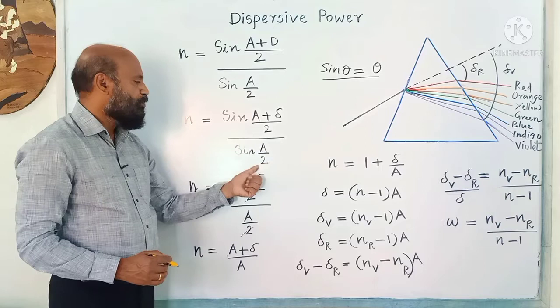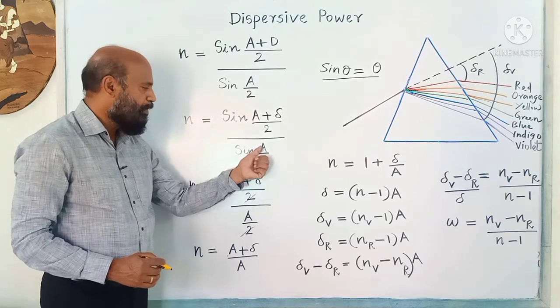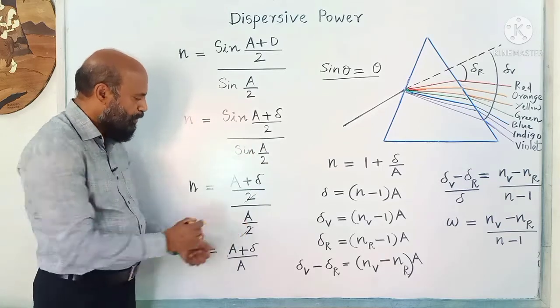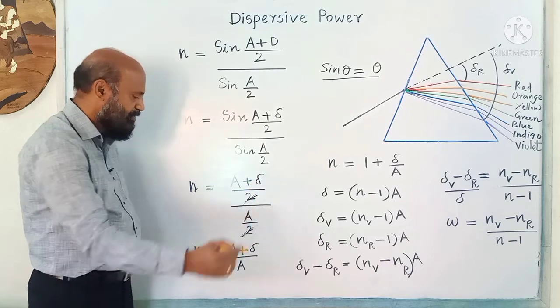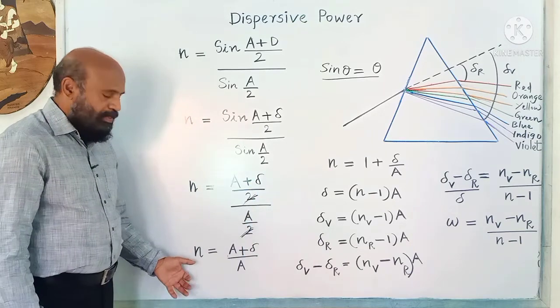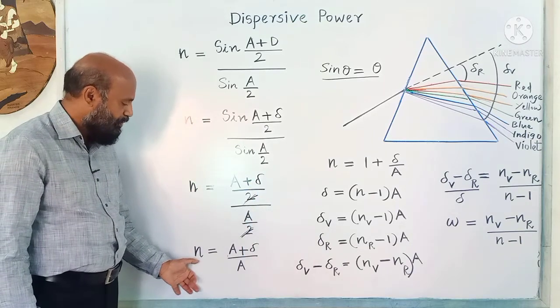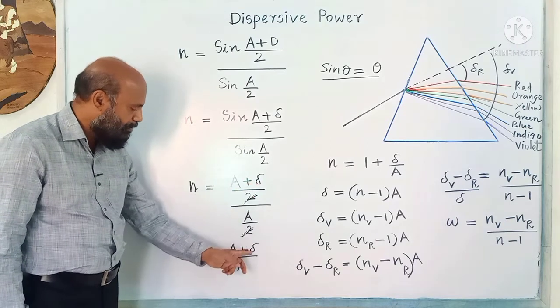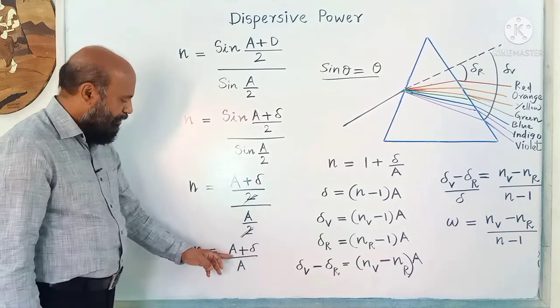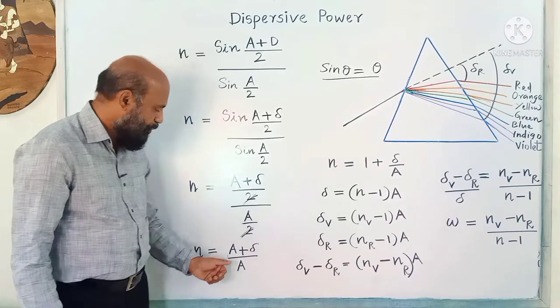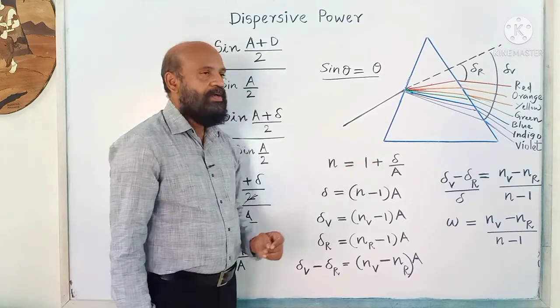Then this 2 will get cancelled. Then n is equal to (A plus delta) by A. A divided by A is 1, plus delta by A.